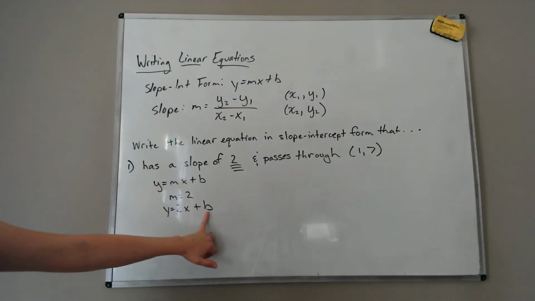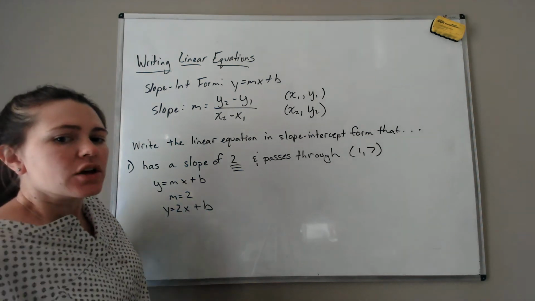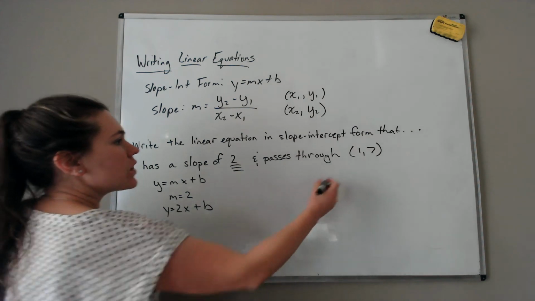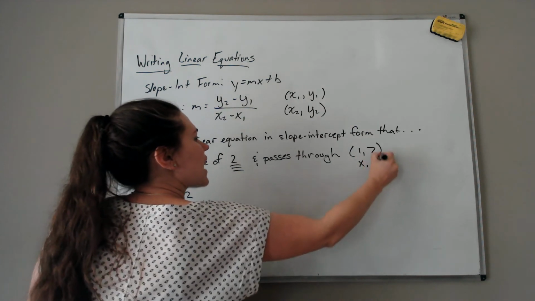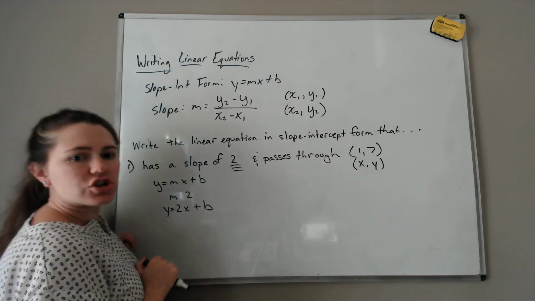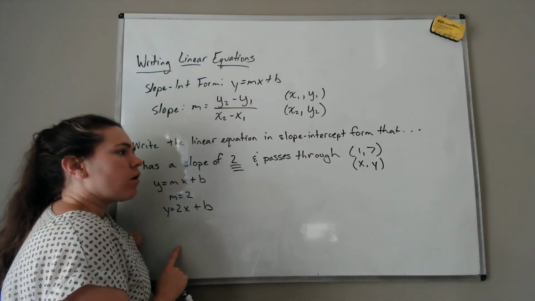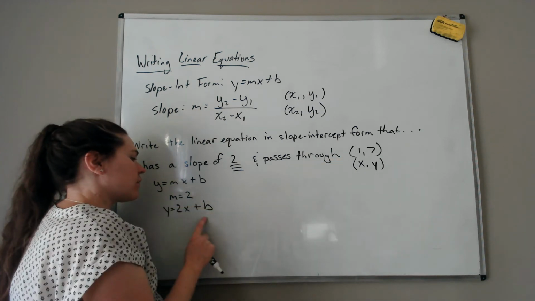Okay? So the only part of the equation of the line that we don't have is the b value. We don't have its y-intercept, okay? So what we do is we use this other point that we have. We know that 1, 7 makes this equation true, okay? We talked about it earlier in another video. All of the points that make up a line make the equation true.